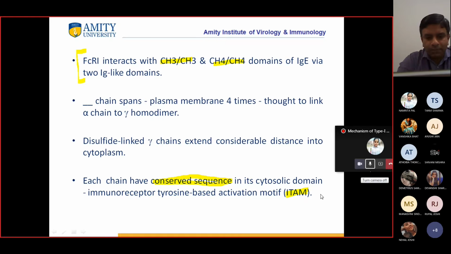So students, ITAM stands for immunoreceptor tyrosine based activation motif. Okay.